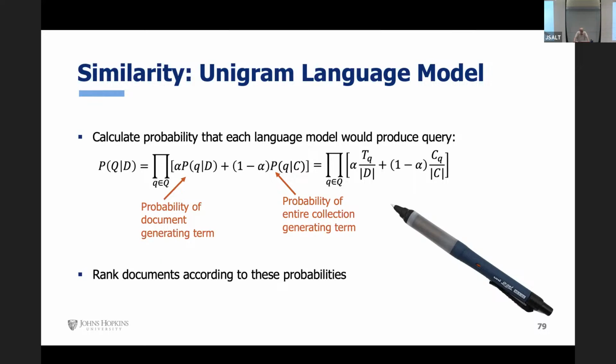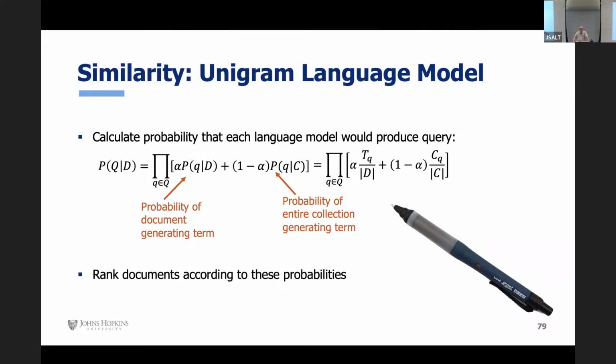Okay, and what we see here is just taking the probability of each query term being generated using that smoothed model, and we just multiply those probabilities together, right? And that's the probability that the document produced that query.